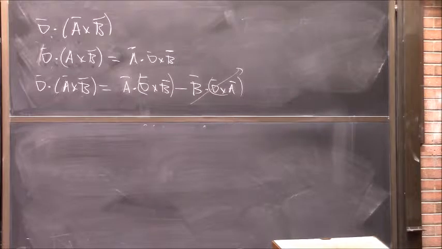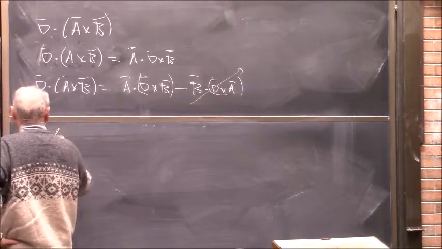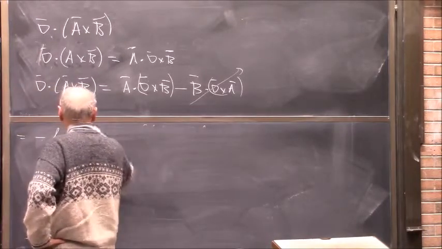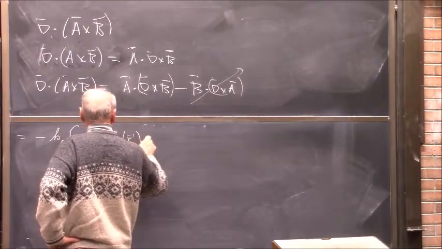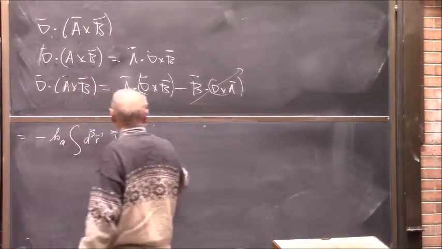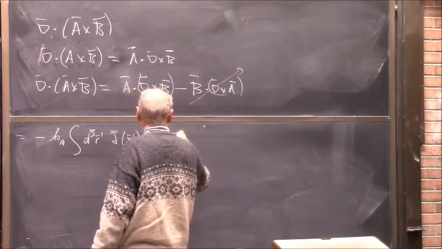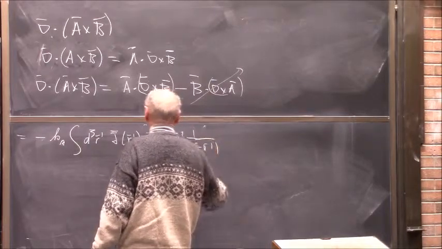So, I write that as equal to minus k sub m times the integral d cubed r prime j of r prime times del prime cross del prime 1 over r minus r prime.